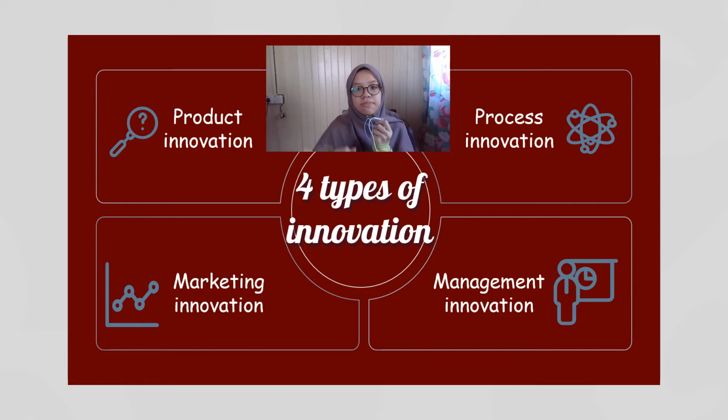For the third type, which is the marketing innovation, this type is related to the marketing functions of promotion or pricing and distribution, as well as to product functions other than product development, for example, packaging or advertising.